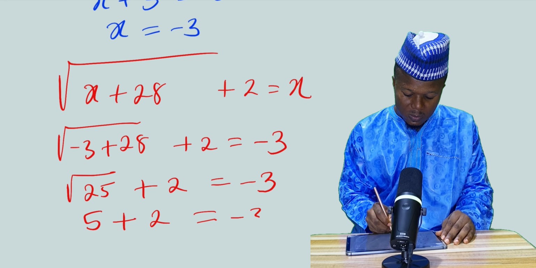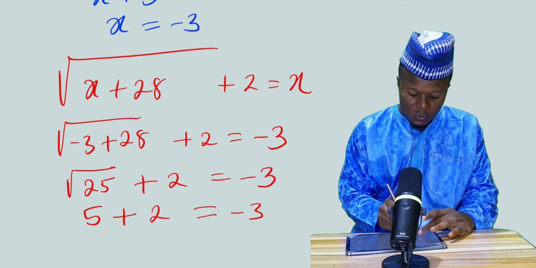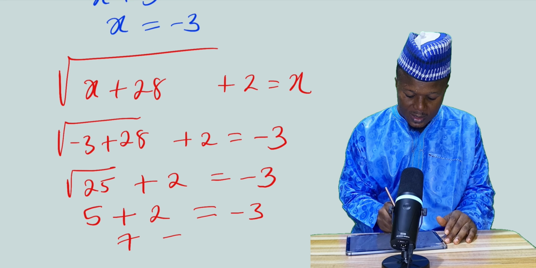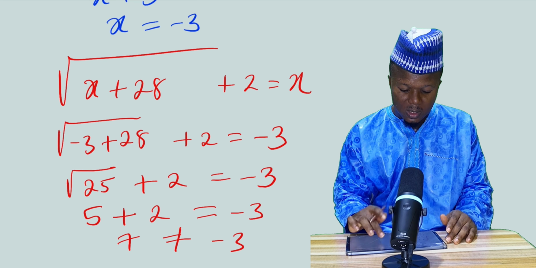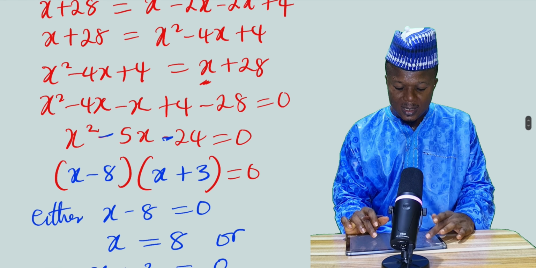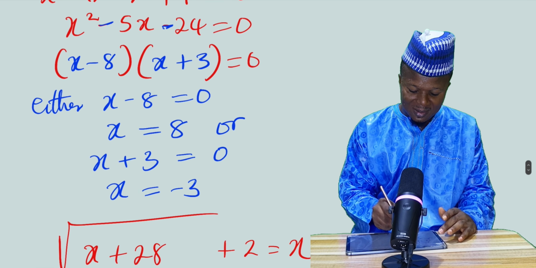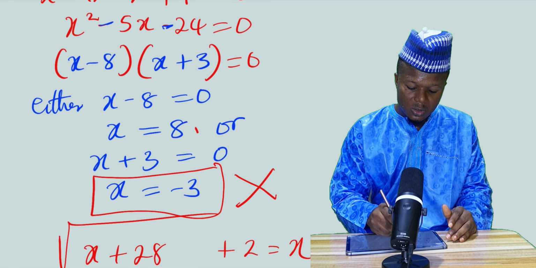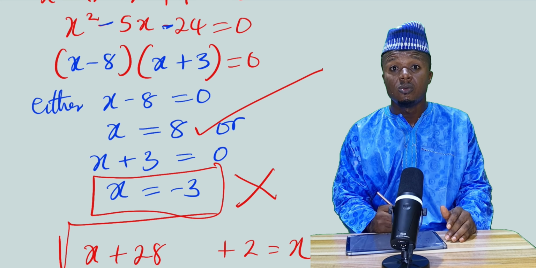Can this be equal to minus 3? 5 plus 2 is 7, and 7 is not equal to minus 3. So no, meaning that minus 3 is an extraneous solution. We are not taking the minus 3. The only true solution is when x is equal to 8.